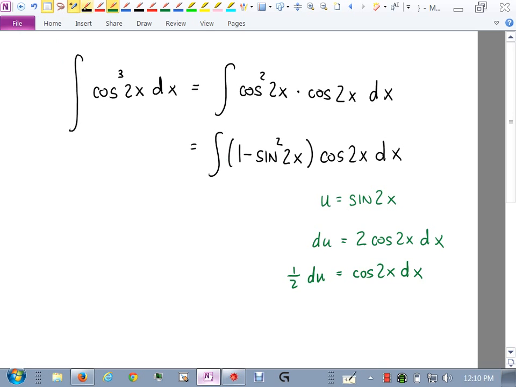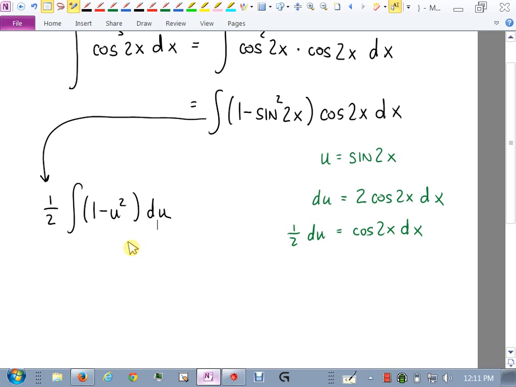All right, so what does my new integral become? This new integral is 1/2. I'll pull that 1/2 out. Integral of 1 minus u squared du. Can you tell me what the antiderivative of this is? U minus 1/3 u cubed. But what's still in front of that? 1/2. Distribute the 1/2 through.